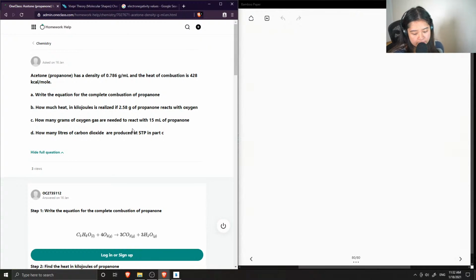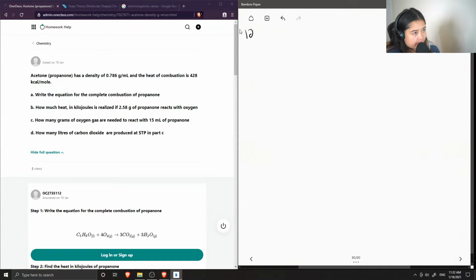Okay, so now we're on to question number 12, which is a multi-step question. So we have acetone or propanone has a density of 0.786 grams per milliliter, and the heat of combustion is 428 kilocalories per mole.